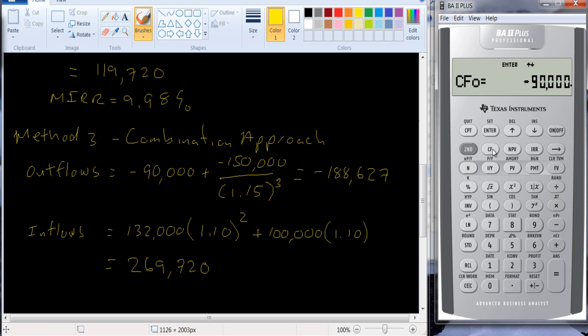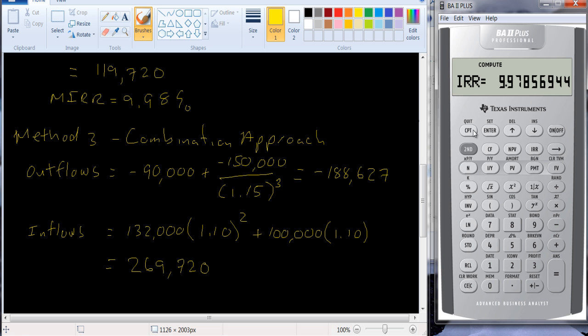And let's go back to our cash flow worksheet. All right, the first cash flow, I'm not even going to erase this because I'm writing over these numbers anyhow. 188,627. And that's negative. And then the next cash flows are 0, and they occur twice. And the final cash flow is 269,720. Enter.